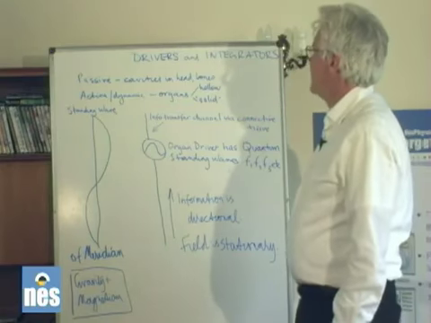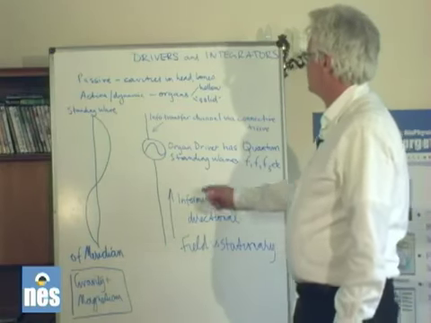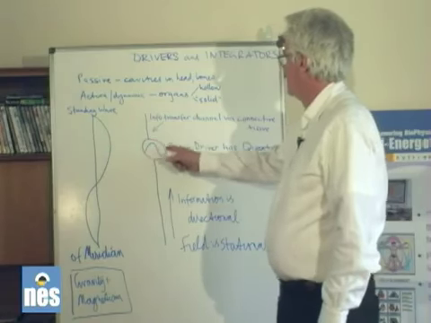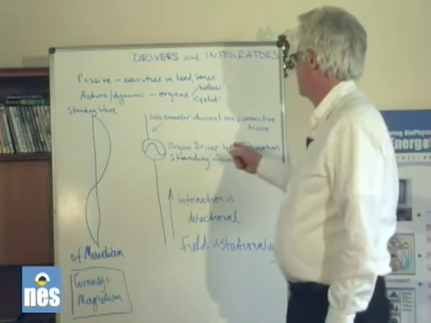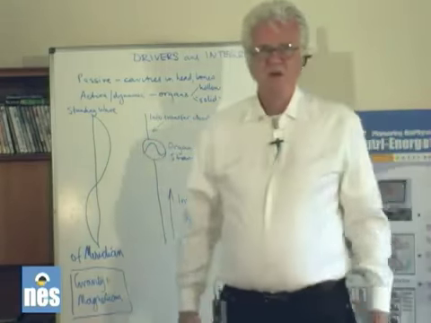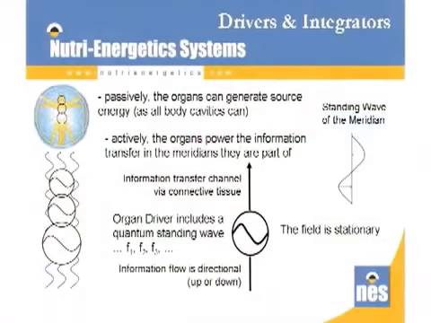So we're looking at this sort of structure where we get an organ which acts as a driver. Inside that organ, because of its size, structure and shape, there will be a standing wave, frequency 1, 2 and 3, different frequencies, but still nevertheless there's a wave information there.